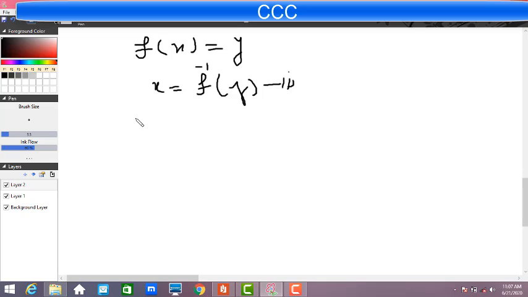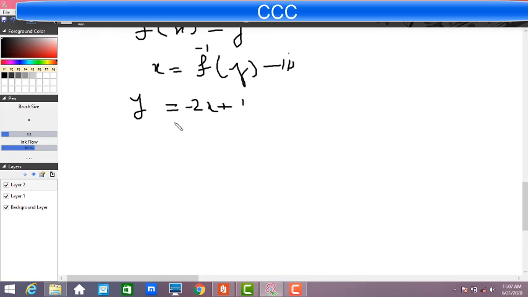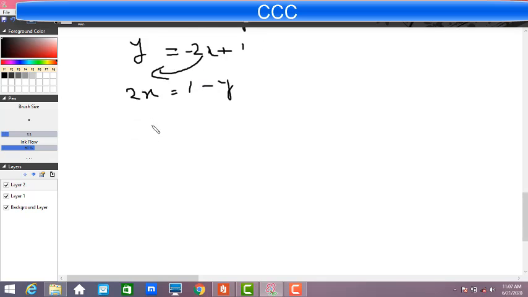Now, as we know that y is equal to f of x, so y is equal to minus 2x plus 1. Now, from this equation, find the value of x. So minus 2x will become positive 2x on the other side, and 1 minus y. So after dividing by 2, we get the value of x, that is equal to 1 minus y over 2.